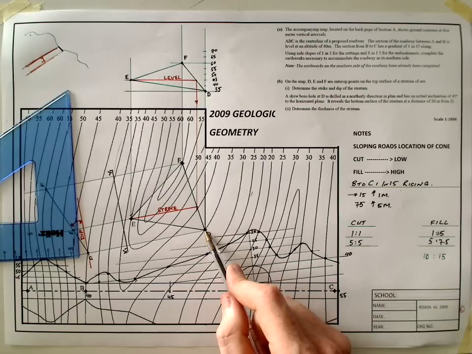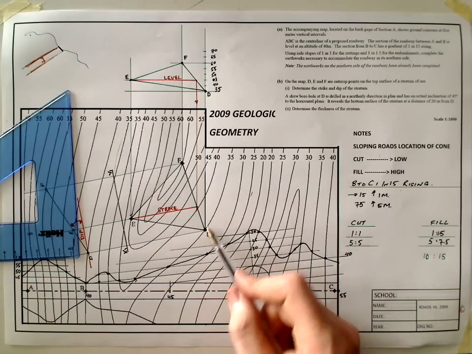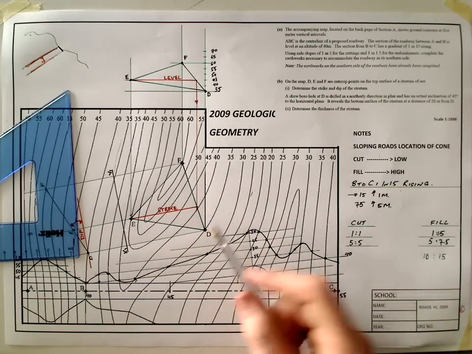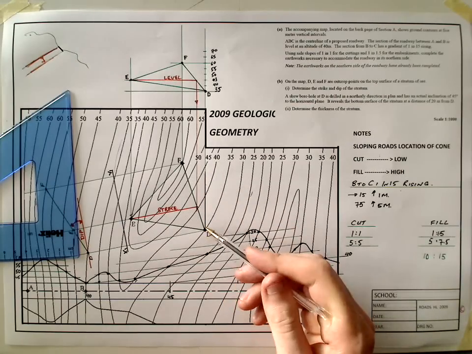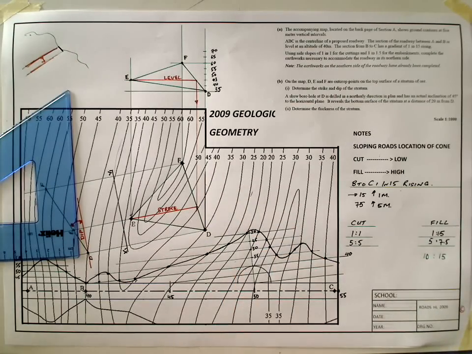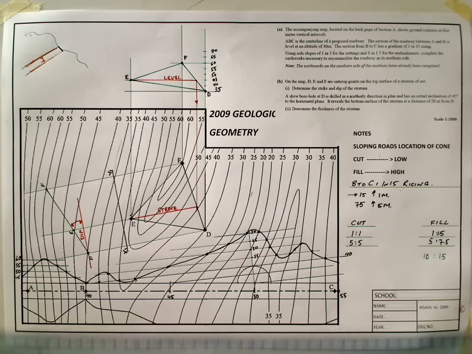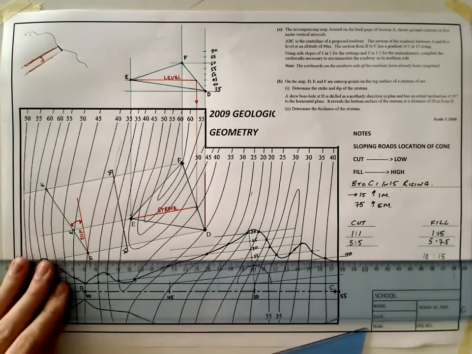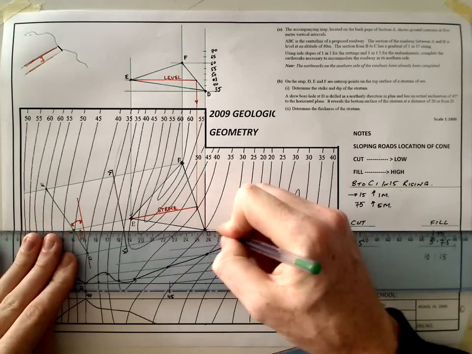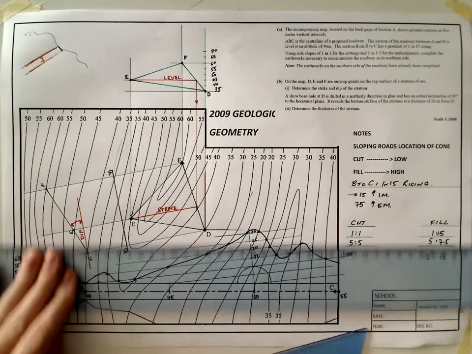So looking at that view there now, there's very little information that I can obtain from that, because I'm looking down on top of it. What I need to do is get a section view, so I need to draw an auxiliary. So I'm going to project off here at 90 degrees.